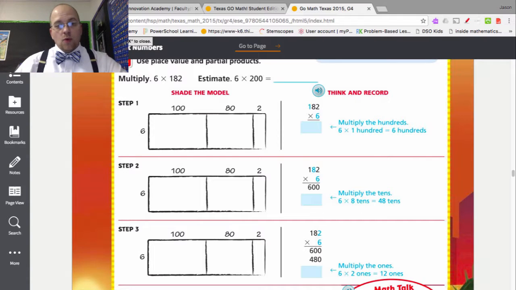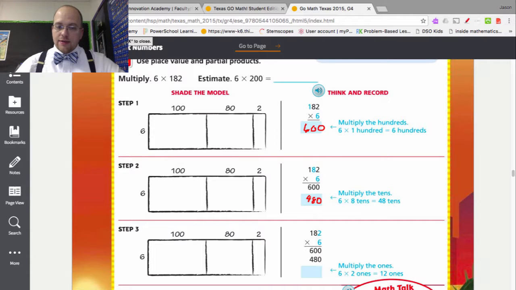We just have the problem 182 times 6. What's 6 times 100? Because this one's in the hundreds place, that's going to be 600. 6 times 80, because that's in the tens place, it's 8 tens. That's going to be 480.